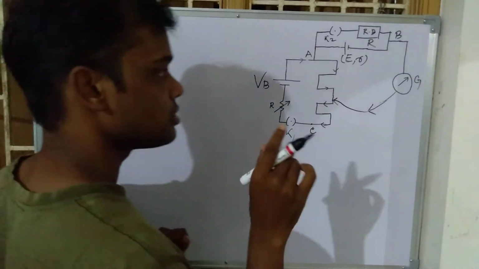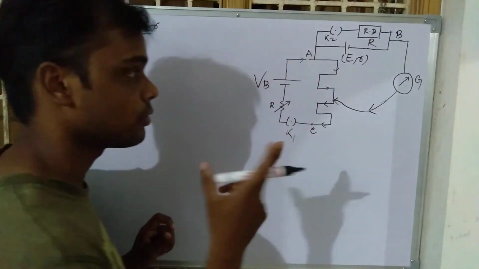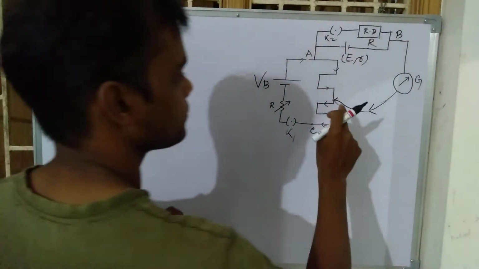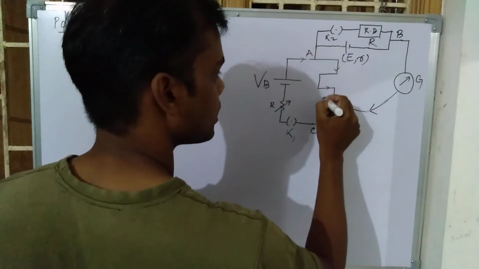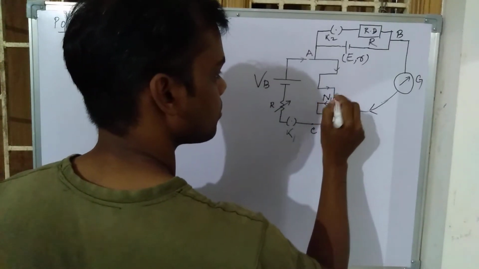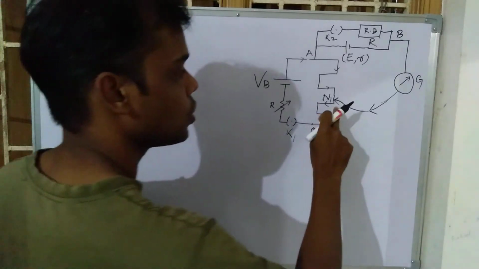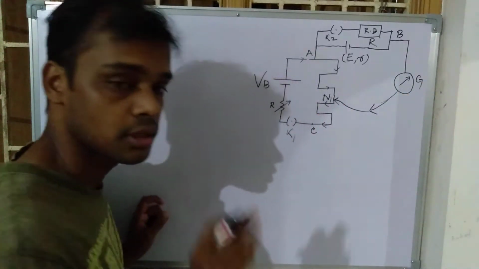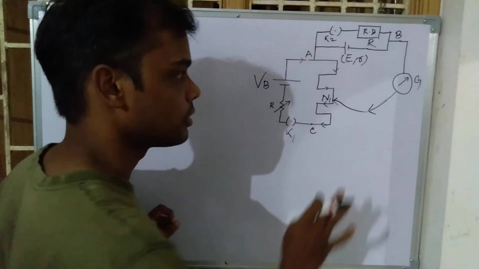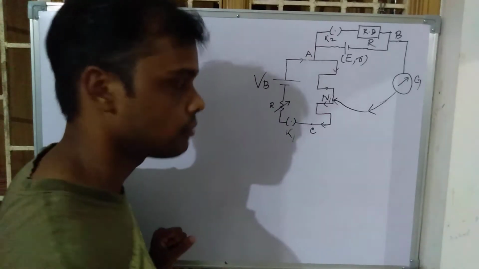Now I have already told you in the previous class that the point N1 is the point where G shows zero deflection.